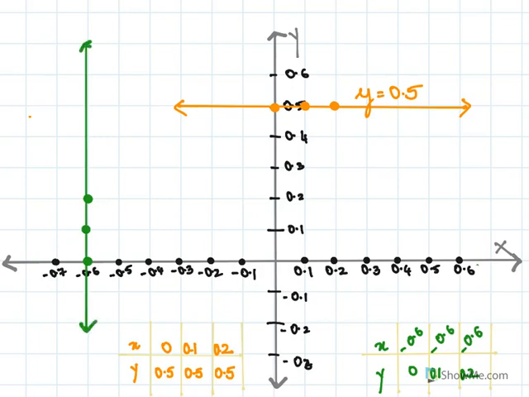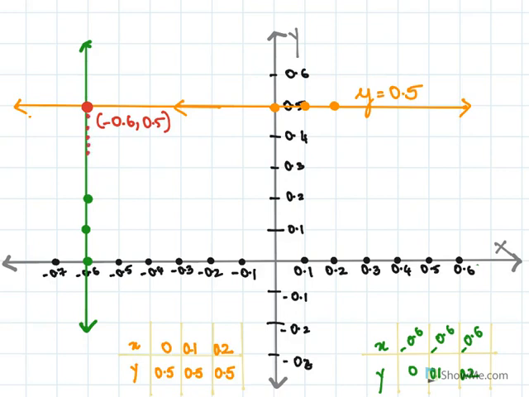And if you proceed, you see that the lines intersect. And where do they intersect? They intersect at this point. And how will you name this point? x is minus 0.6, y is 0.5. This is the point of intersection.